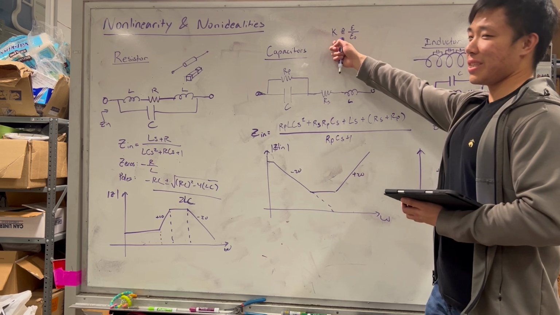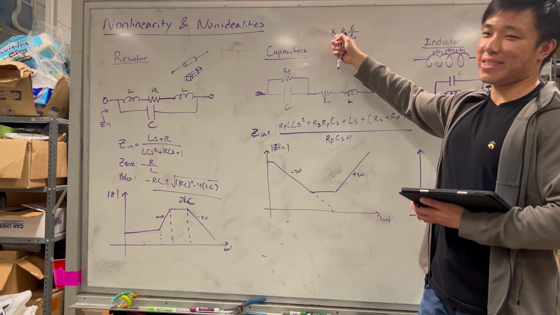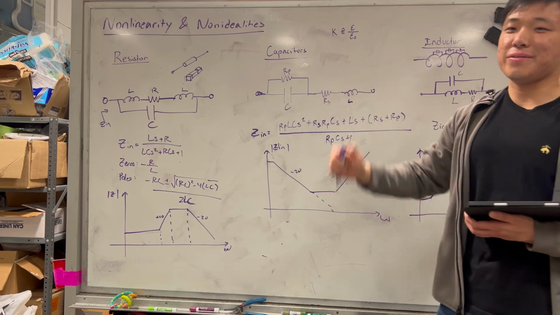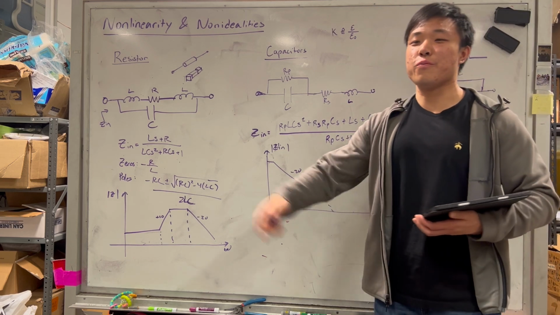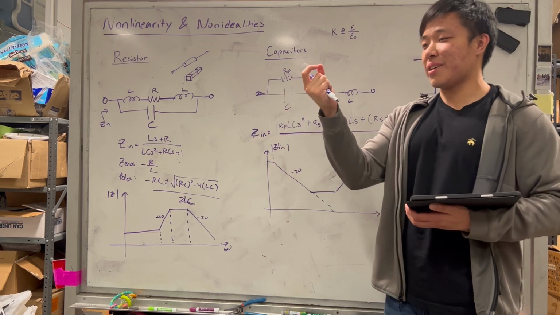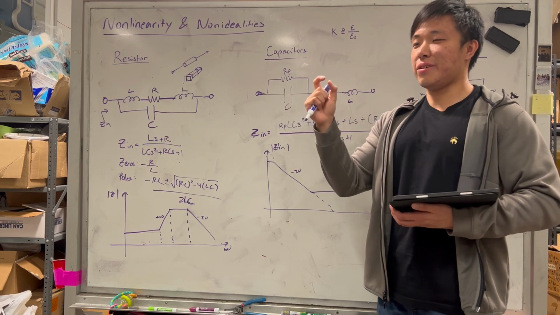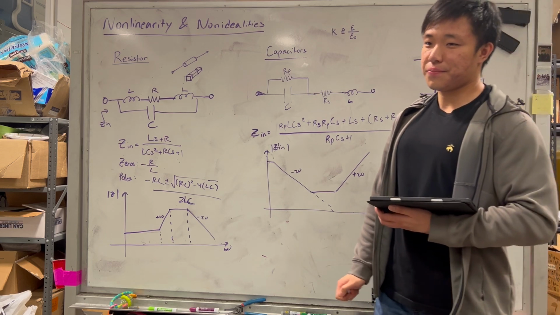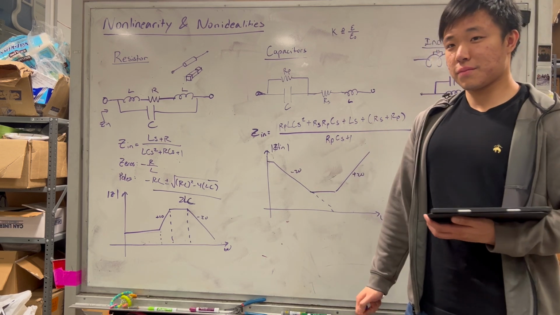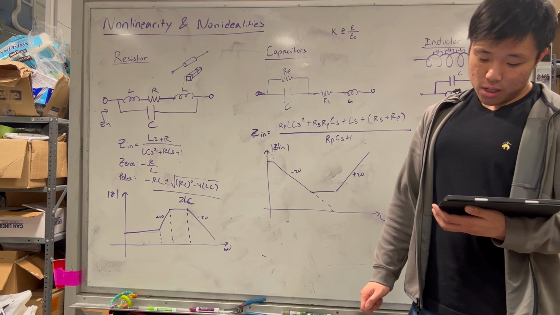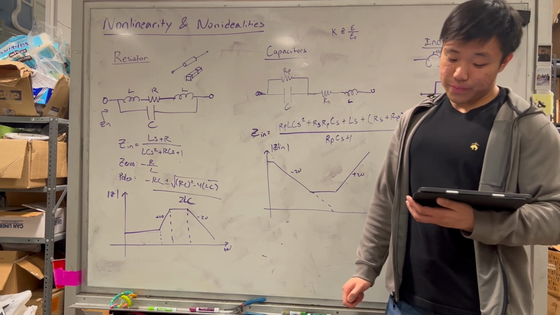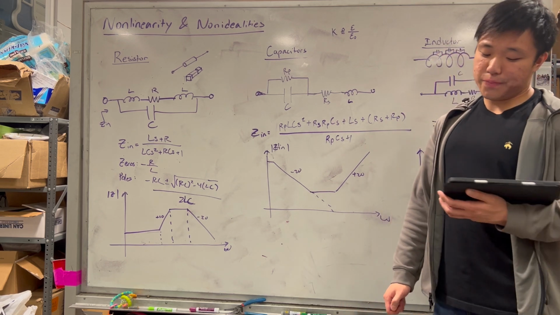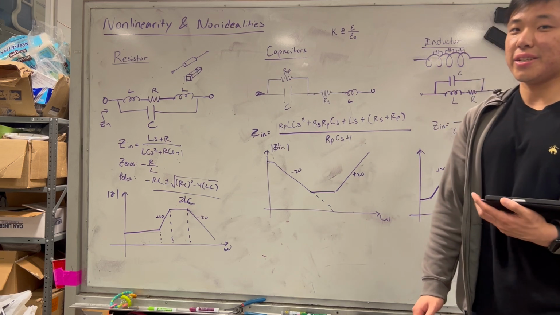If I make K really, really large, what's a downside you can think of if I make K really, really big? So I want to pack 1 microfarad or 1 millifarad in a really small package. What's the downside of that? Yeah, that's heat dependence. That is one of them, but the bigger one is temperature variation.